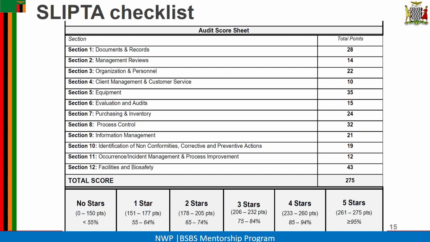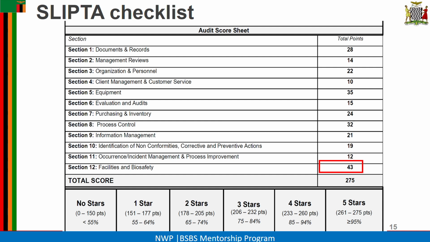So of course, there are other sections that are corresponding to the other system essentials, but to us, mostly under this particular program, we're interested in the facilities and biosafety section. So that is the section number 12. So if you look at the section number 12, it has a total of 43 points. So for you to score the total number of 275 points, 43 of those points will come from the facilities and safety section. Of course, the other sections will have 35 points.